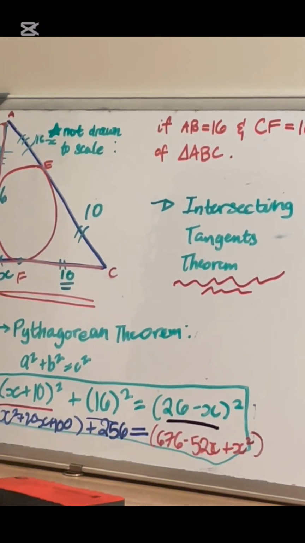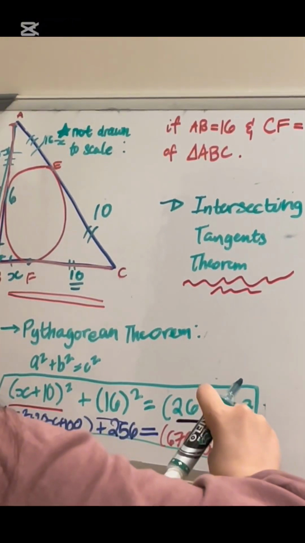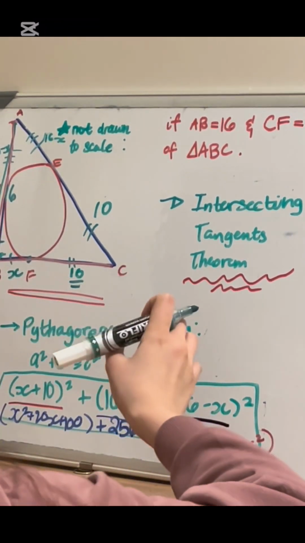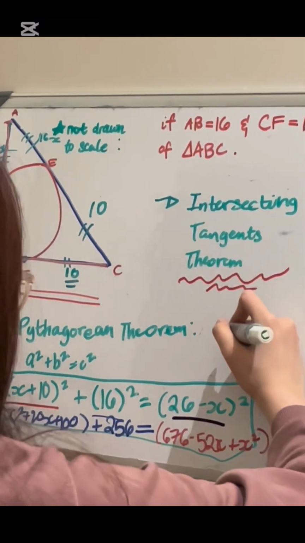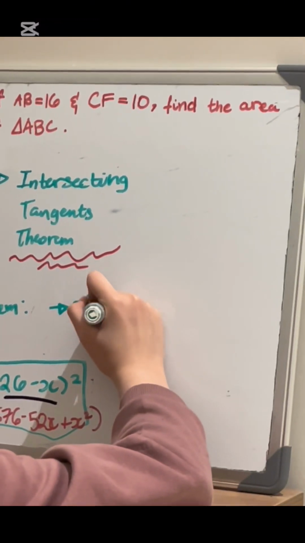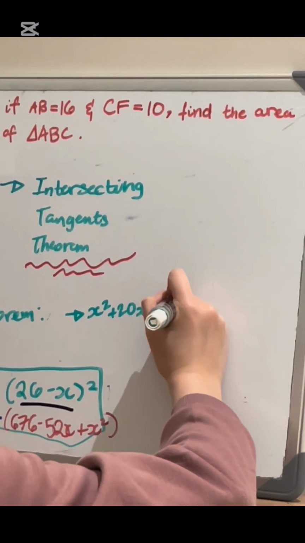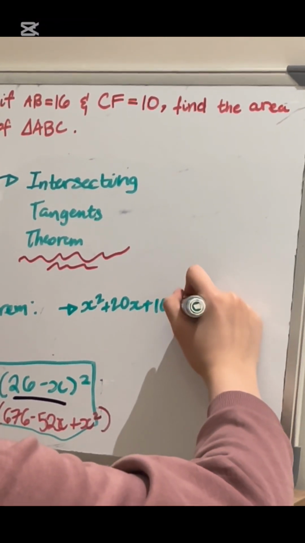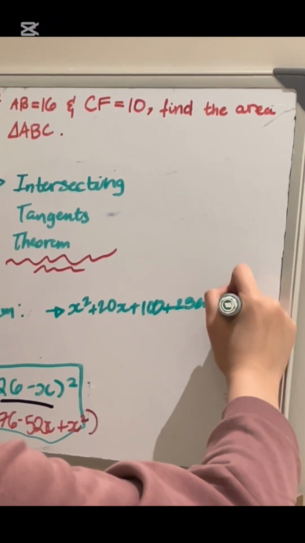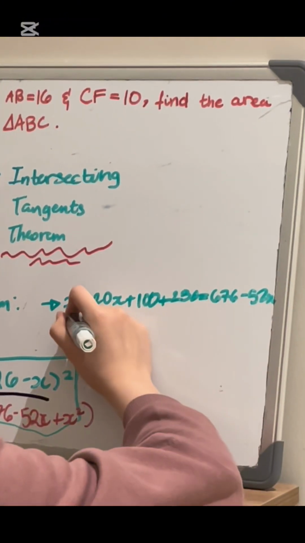I'll do that. Now we have to simplify the whole equation and eliminate all of the common terms, add the common terms, and such. So the entire equation is x squared plus 20x plus 100 plus 256 is equal to 676 minus 52x plus x squared.